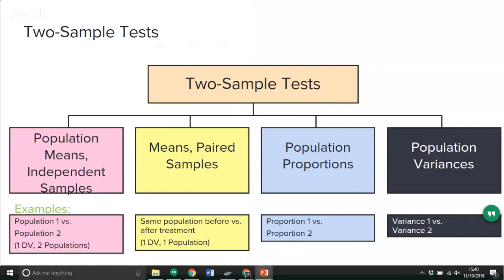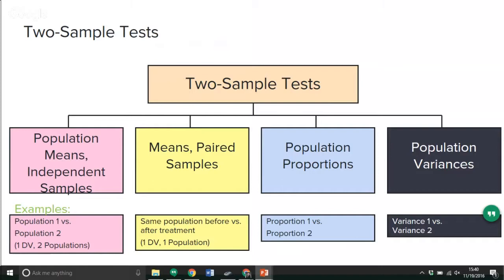What is the difference? In an independent sample t-test, what we are dealing with is two different populations. So I mentioned Amazon, okay? Amazon has one population that sees format A and one population that sees format B. The dependent variable we said was conversion rate.